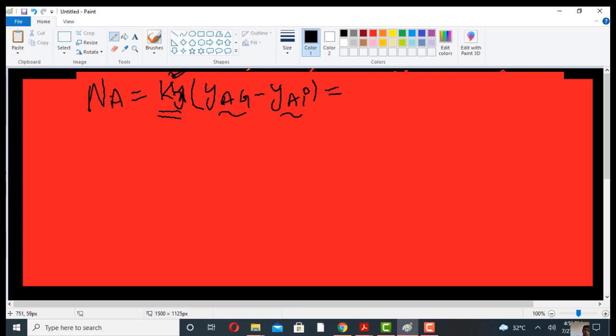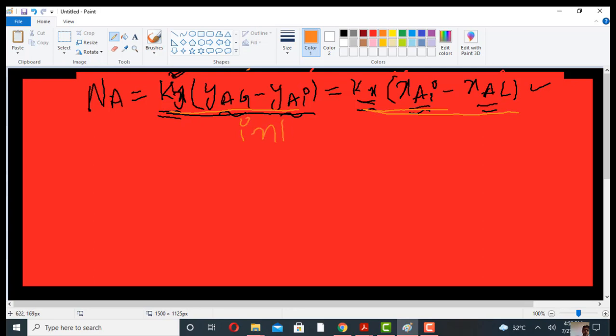This will be equal to kx, the mass transfer coefficient in the liquid film, times (xAI minus xAL), where xAI is the concentration of component A at the interface on the liquid phase basis and xAL is the concentration of component A in the bulk of liquid. At steady state, the flux coming into the interface equals the flux going out from the interface. Call this equation A.